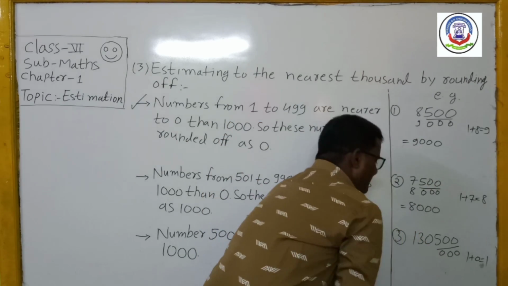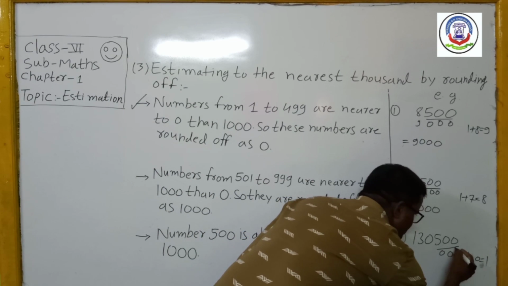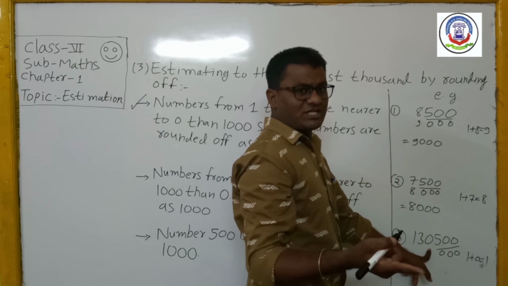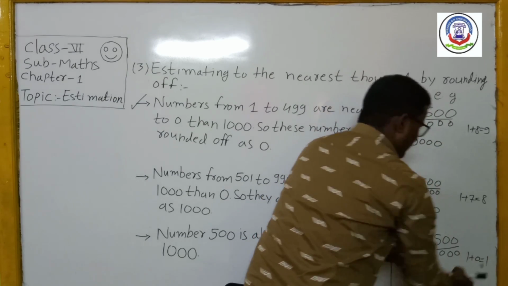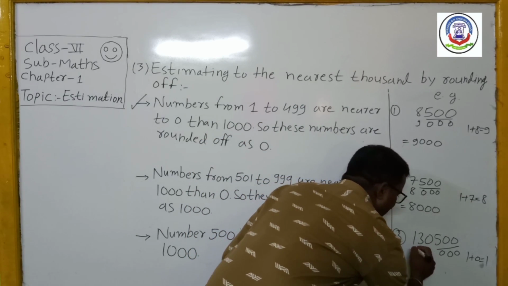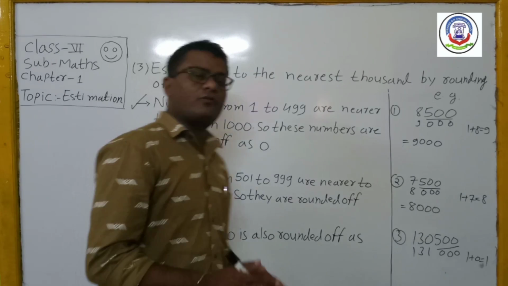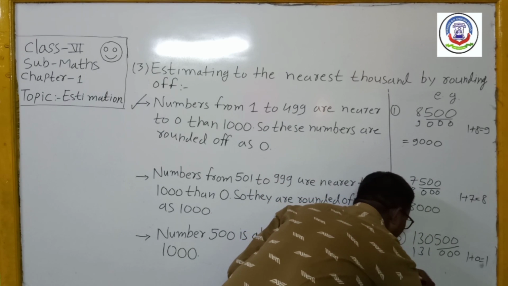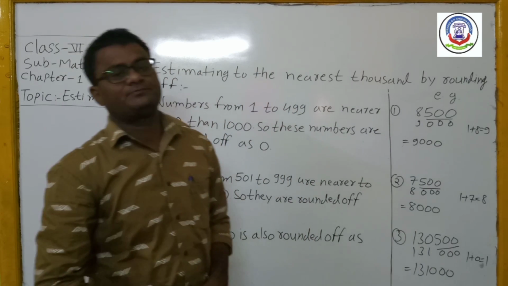Now according to this rule, this will become 000. Now 1 is added to the place digit, so I write 1 below 0, and 3 and 1 as it is. So our required rounded off number is 1,31,000. So I write here 1,31,000. Okay students. Thank you.